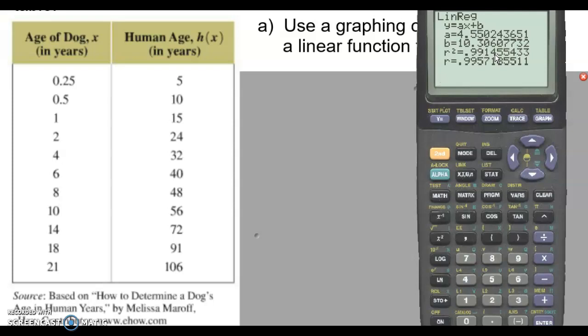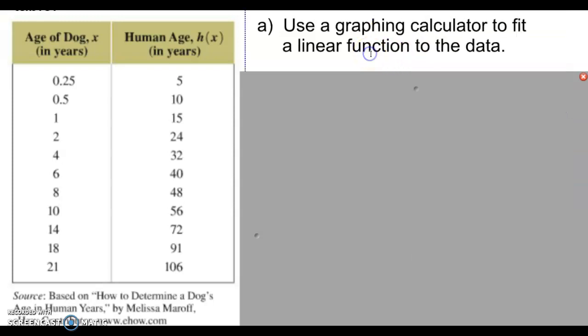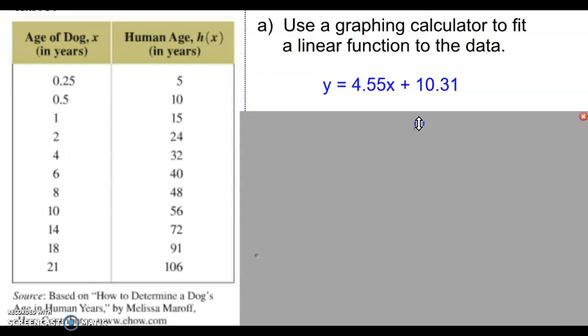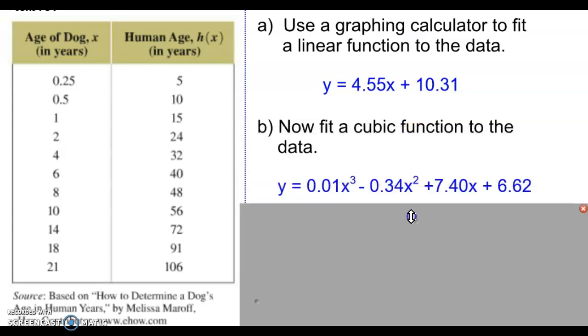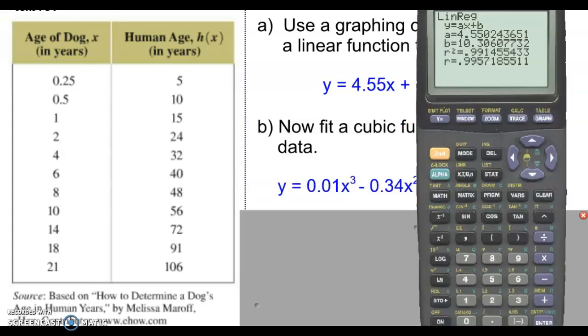But the same rule applies: is it closer to 1 or not? So this is good. I think that's a pretty good fit. If I write down what it would be, 4.55x plus 10.31. The r squared is 0.991. That's pretty good. I'm going to make note of that.